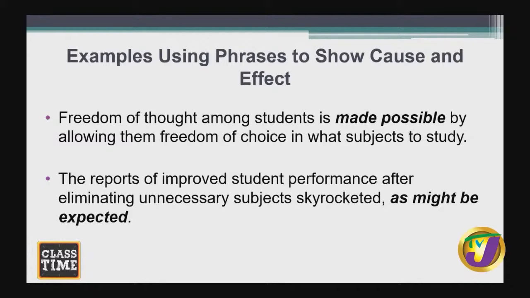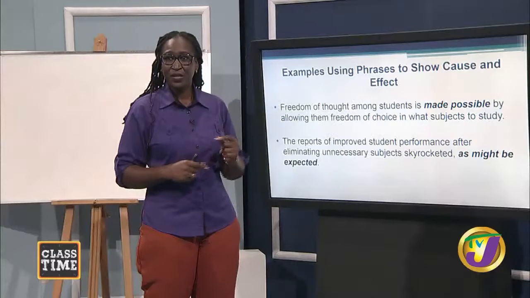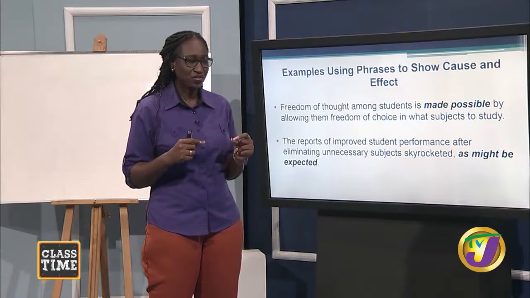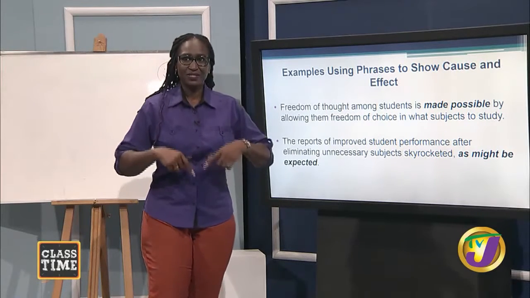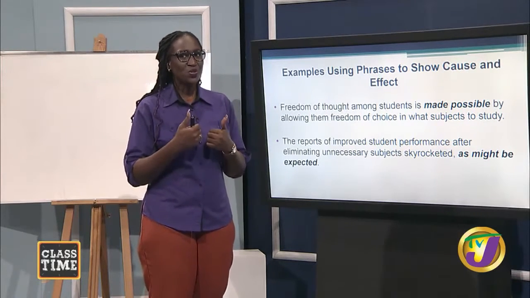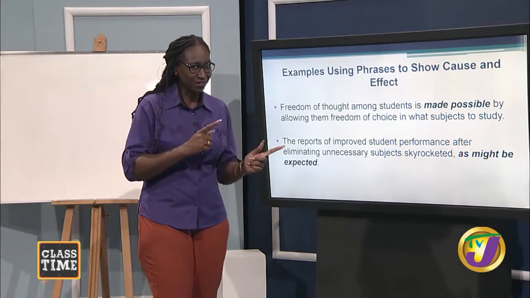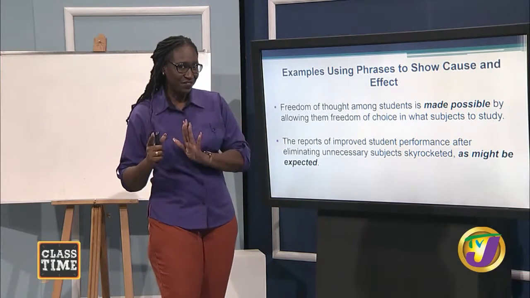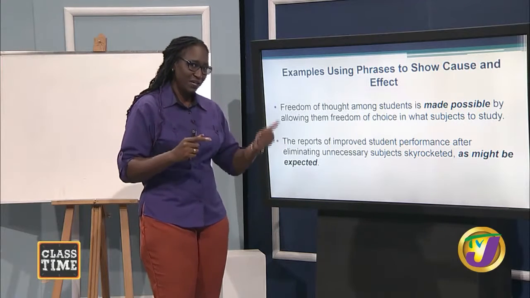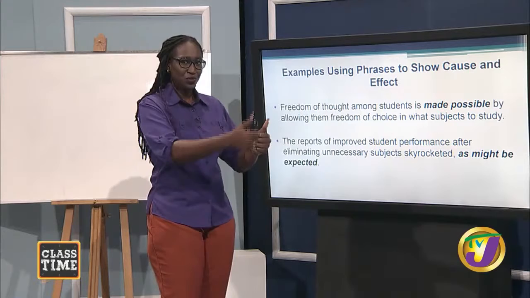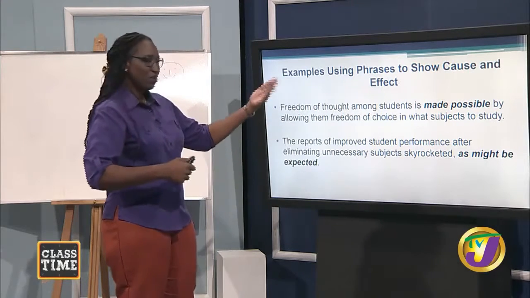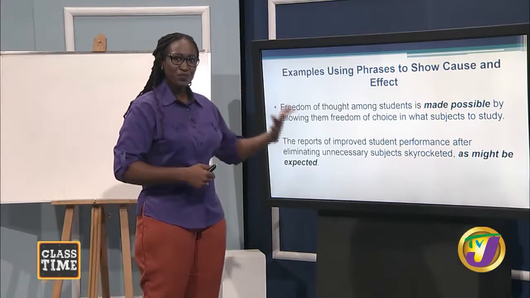Is that the cause or is that the effect? Notice how the rest of the sentence is structured. After eliminating unnecessary subjects, this skyrocketed. So, are we getting the cause? Are we getting the effect? So, eliminating the unnecessary subjects in this writer's mind led to the actual skyrocketing of improved performance.